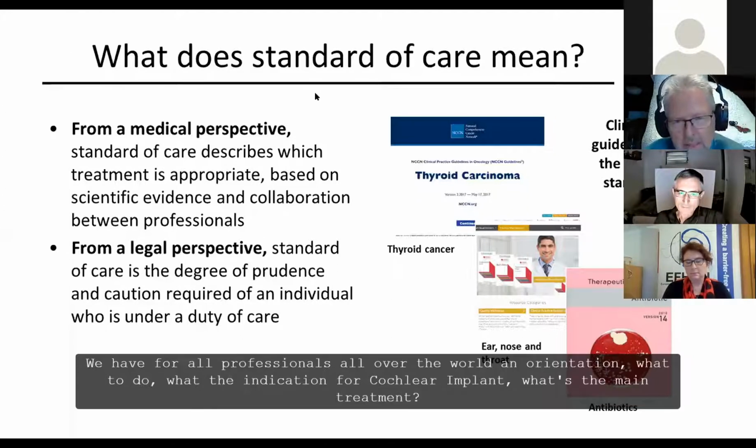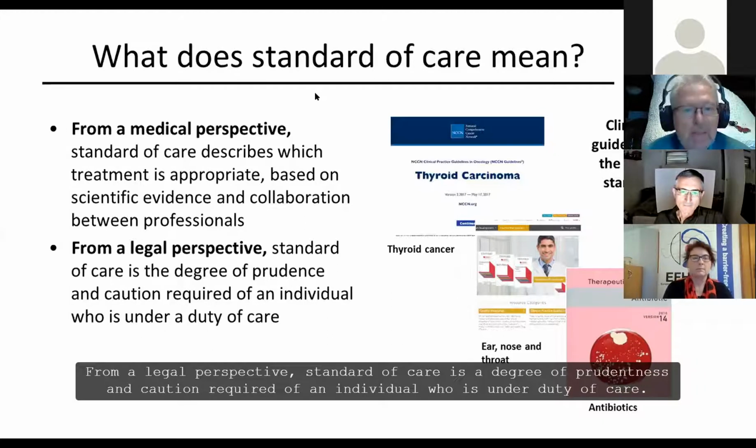So we have for all professionals all over the world an orientation on what to do, what the indication for cochlear implant is, and what the main treatments are. From the legal perspective, a standard of care is a degree of prudence and caution required of an individual who is under a duty of care.